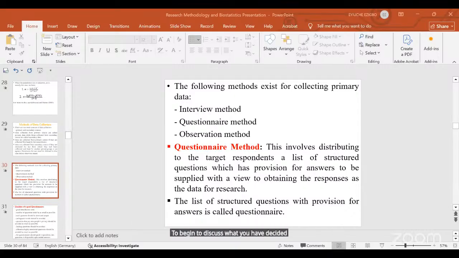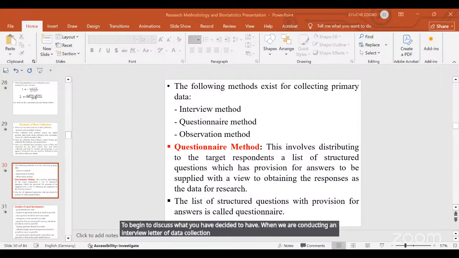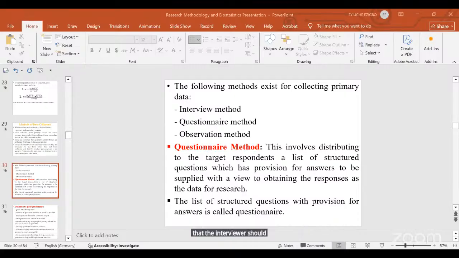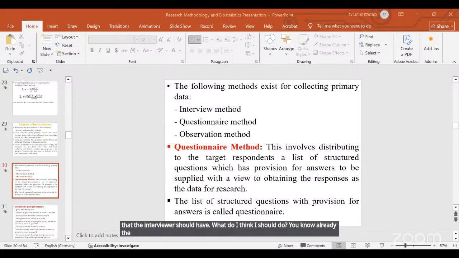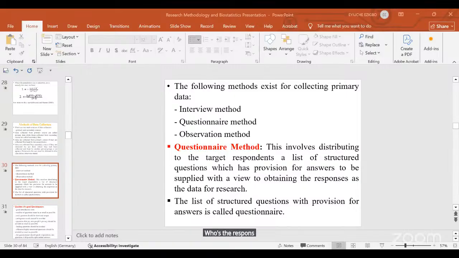And when we are conducting an interview method of data collection, oftentimes there's what we normally call a schedule that the interviewer should have. What do I mean by schedule? You know already the kind of questions whose responses are going to be part of your data. I hope it's clear. So you have those questions presented on your own piece of paper, which we call a schedule.